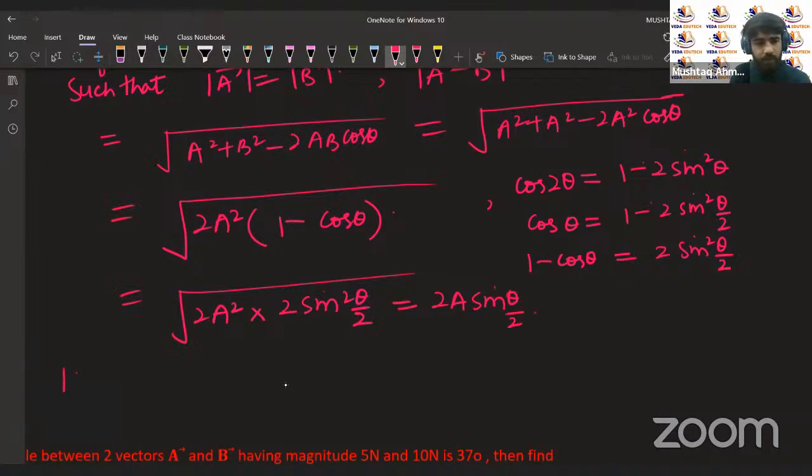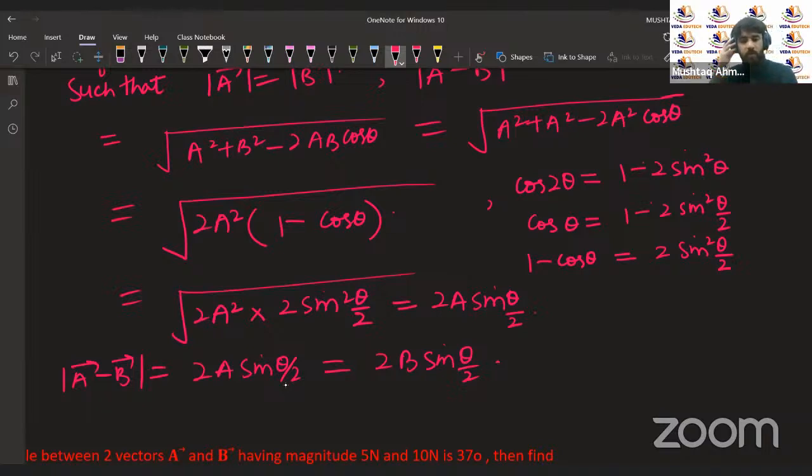So the resultant we are getting of modulus of A minus B is 2 times A sine theta upon 2, or we can also write it as 2 times B sine theta upon 2.